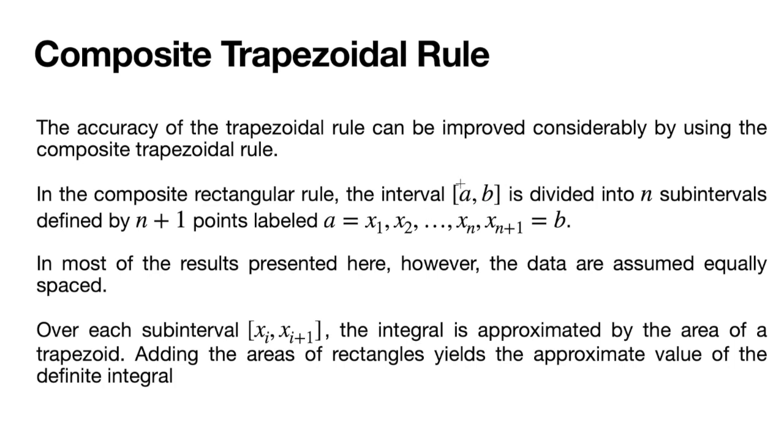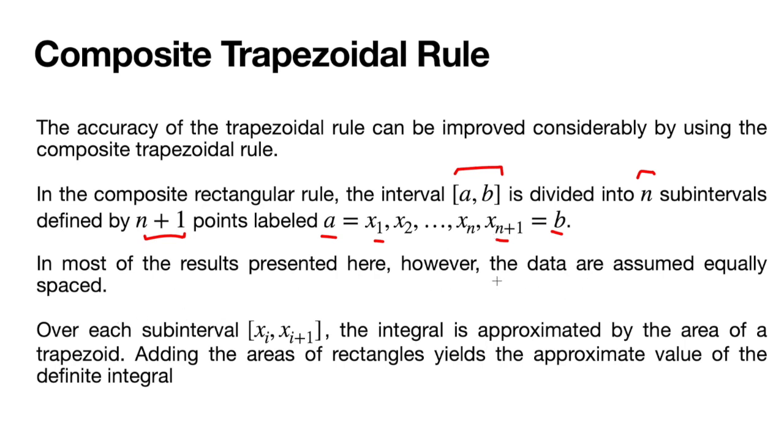In a similar manner, we will divide the interval into n subintervals, and similarly we will have n plus 1 points. We will call the first point a and the last point b, and all the points will be named from x2 to xn.